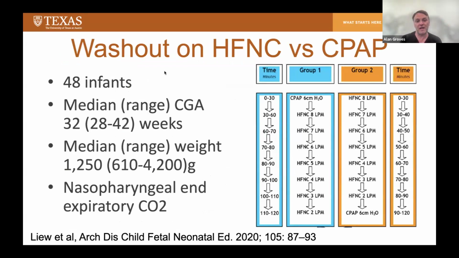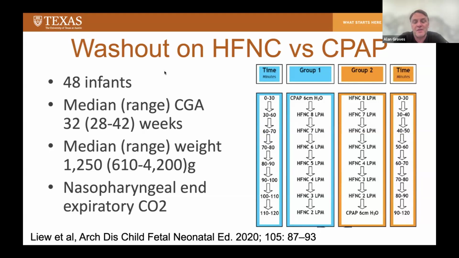This team took 48 babies with a median gestation of 32 weeks, but they went down to 28 weeks, with a median weight at the time of the study of 1250 grams, but they went down to 610 grams. And they measured nasopharyngeal and expiratory CO2 levels. They randomized the order in which they gave these babies different types of respiratory support, and the randomization sequences are on the right-hand side.